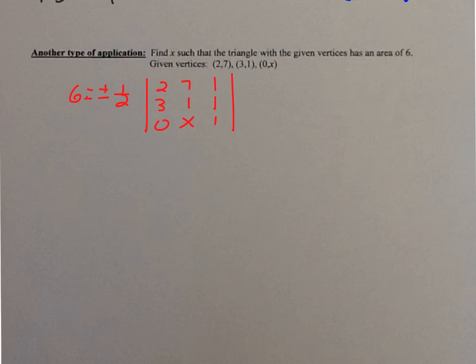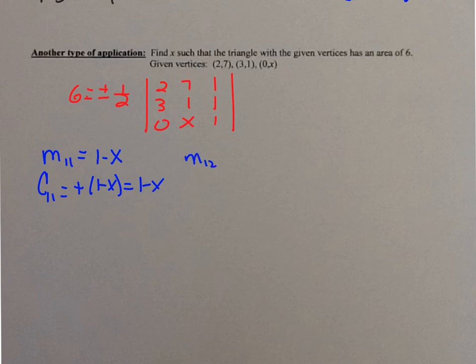Okay, so I'm going to start with minor 1,1. That's 1 times 1 is 1, minus x times 1, which is x. So it's 1 minus x. So my cofactor 1,1 is going to be positive, because negative 1 to the second power is positive 1, times 1 minus x, which is just 1 minus x.